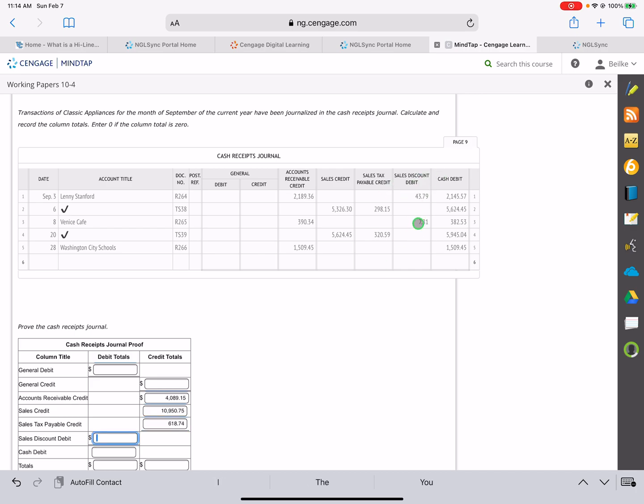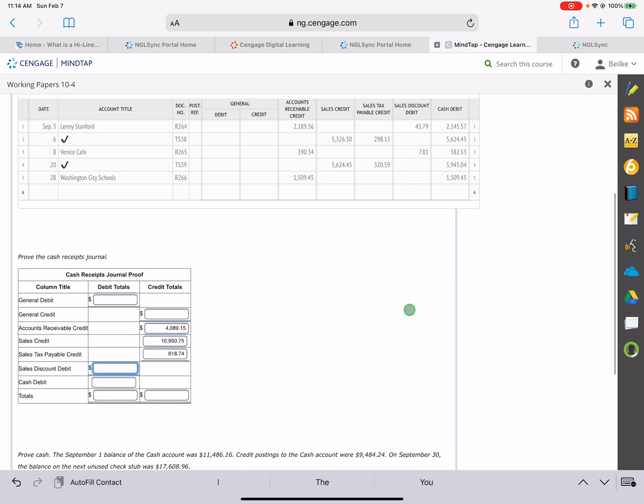Your sales discount, you would add up those two, and you should come up with $51.60. And then your cash debit, you would add up those five numbers, and you should come up with $15,607.04.